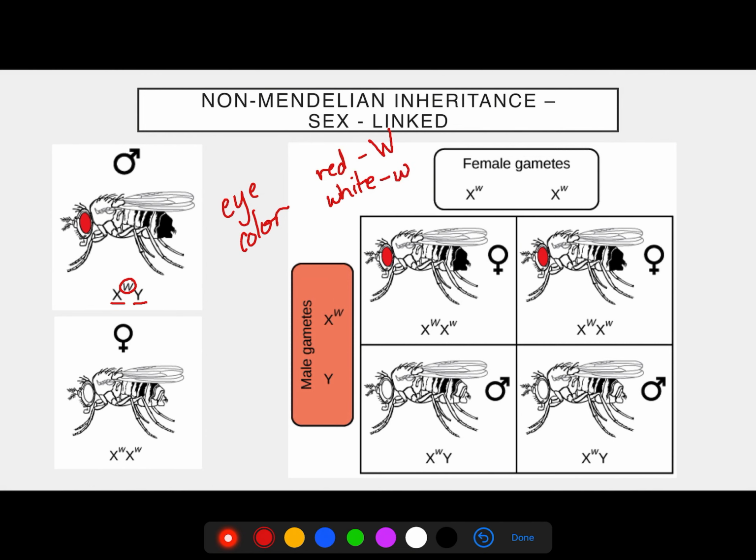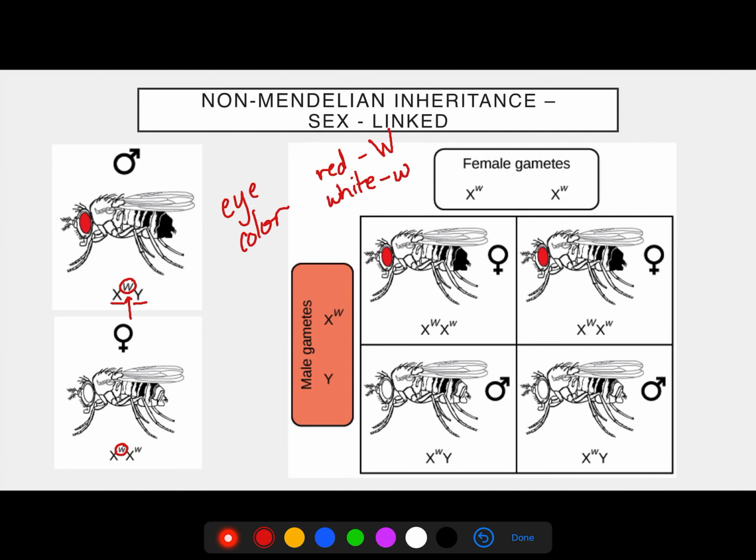Now, I will say that sometimes it is difficult to see the difference between capital and lowercase when the letters look very similar to one another. I don't like using letters where they're really similar, but here we are. You can kind of sort of tell that these are lowercase compared to this one up here that's uppercase. So, this is something we're going to have to be aware of.